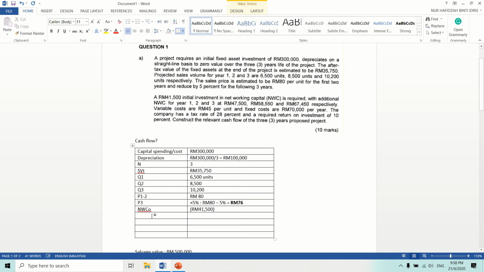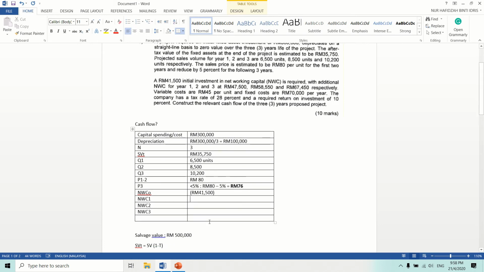So it mentions net working capital for year 1, year 2, and year 3. In this question, it mentions several values of net working capital, so you will have a section for changes in net working capital.